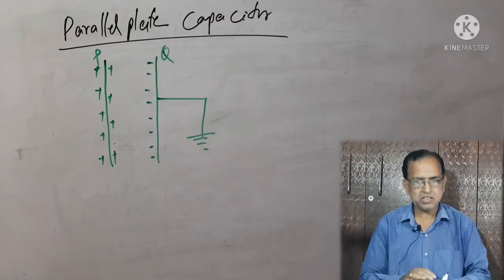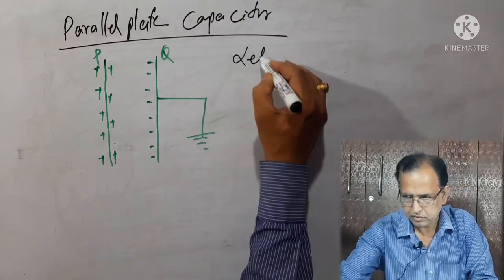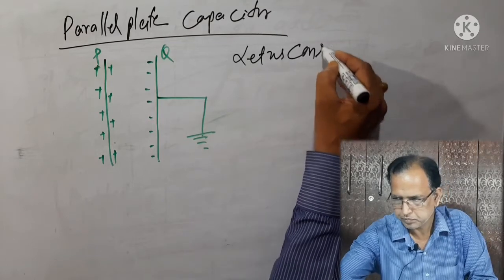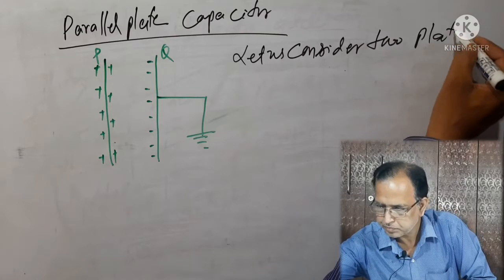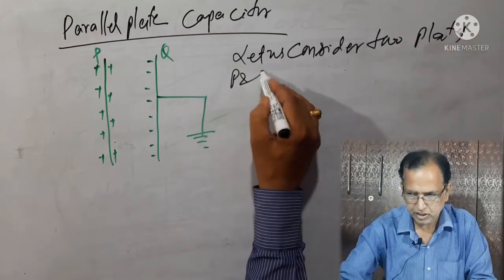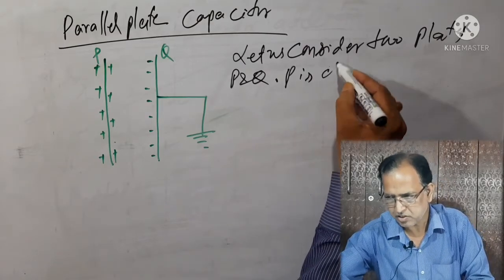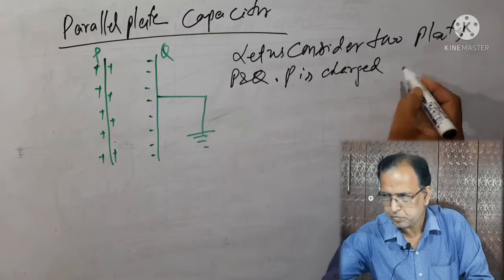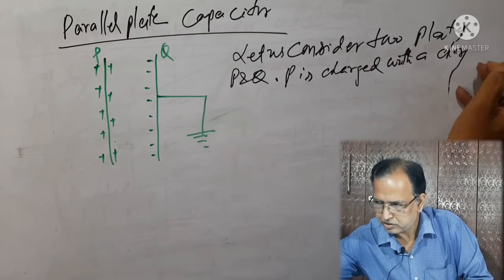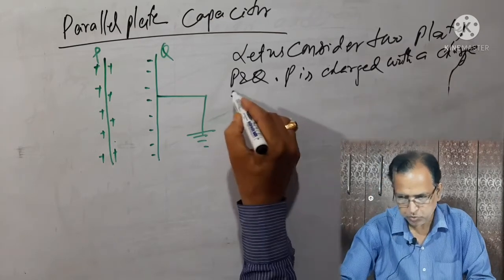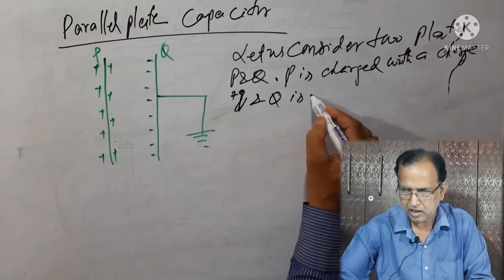Okay. So, let us consider two plates P and Q. P is charged with a charge plus Q and Q is earthed.